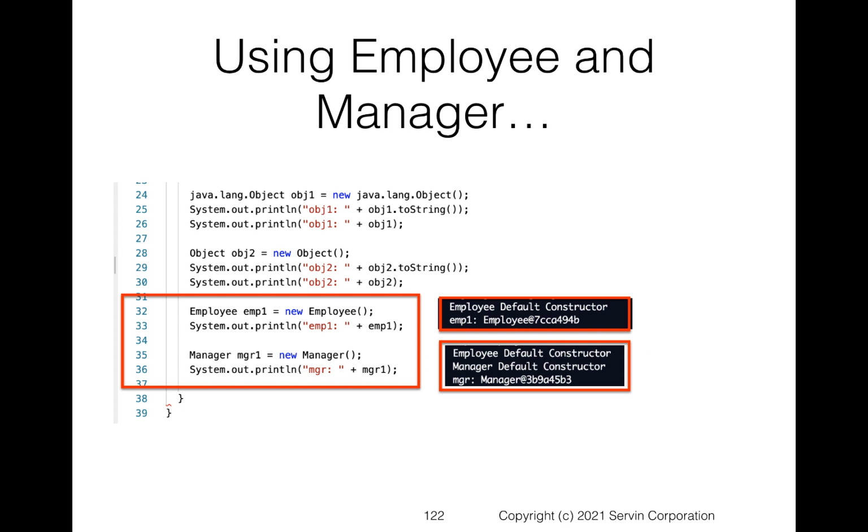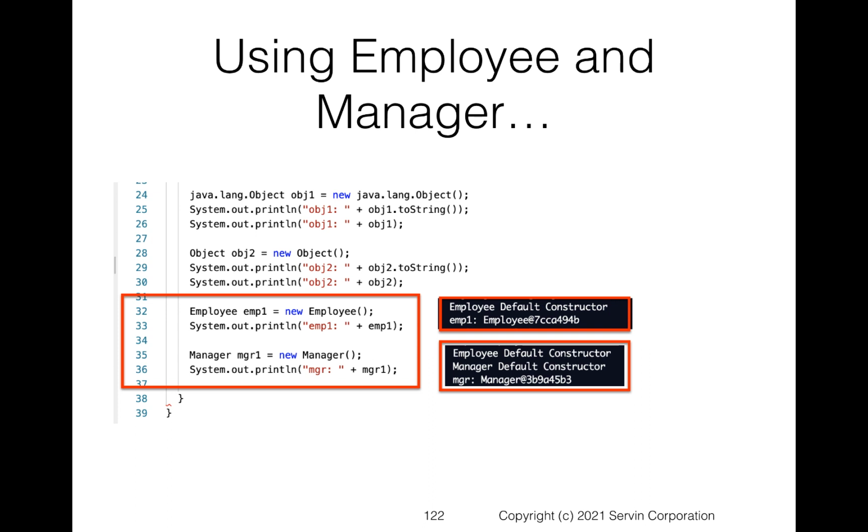In a similar manner, notice at line 35 when I create a new manager, very important to observe that when we create a new manager, first the employee constructor runs and then the manager constructor runs. So when you've got this hierarchy, you allow the classes above you to initialize first, and then you do whatever initialization you need.